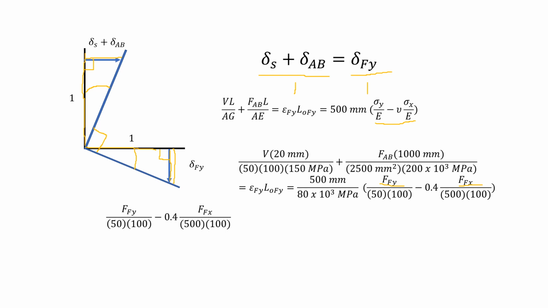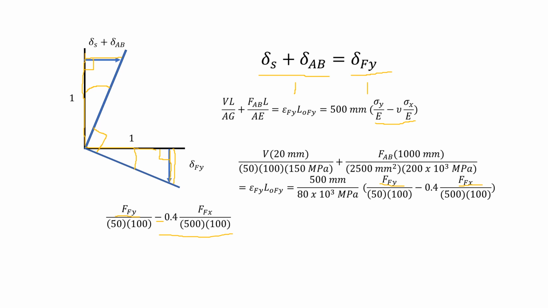Siyempre, ang magko-contribute ng positive na value para sa magnitude na to ay yung compression na force. Kasi siya yung nagpaikse. Tapos, yung konting inihaba nung material dahil sa compressive force along the x-axis. Ito yon, may negative naman na sign dito.